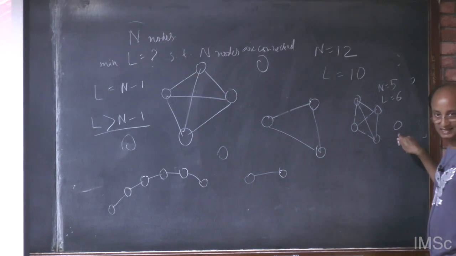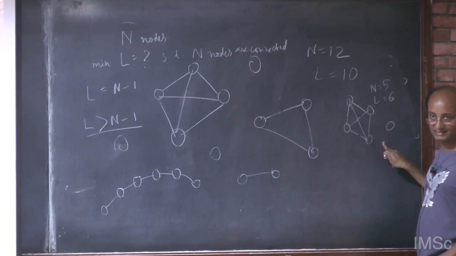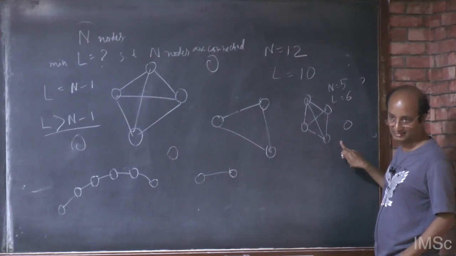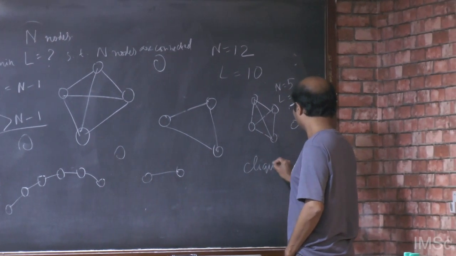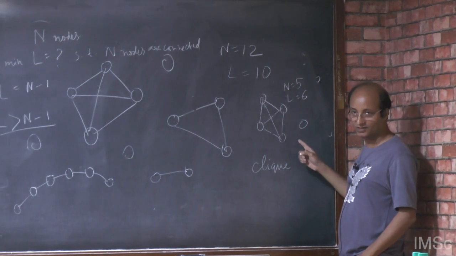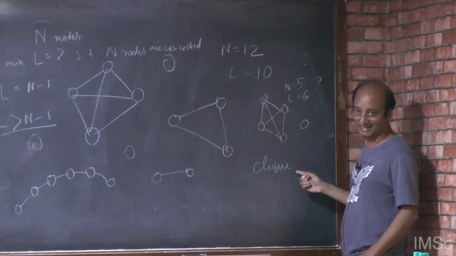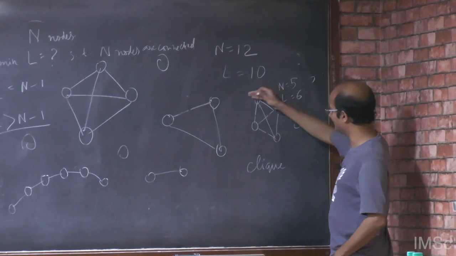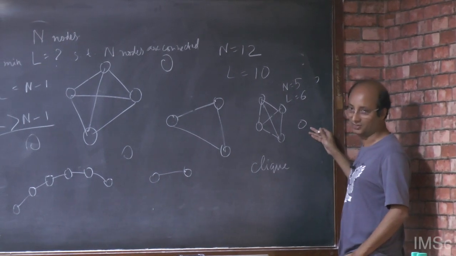However, you can see that 4 of them have created a fully connected cluster. This is also sometimes known as a clique, a group of nodes who are each connected to everyone in that group. So what has happened here is that you have had a clique formation and one node has been left out.